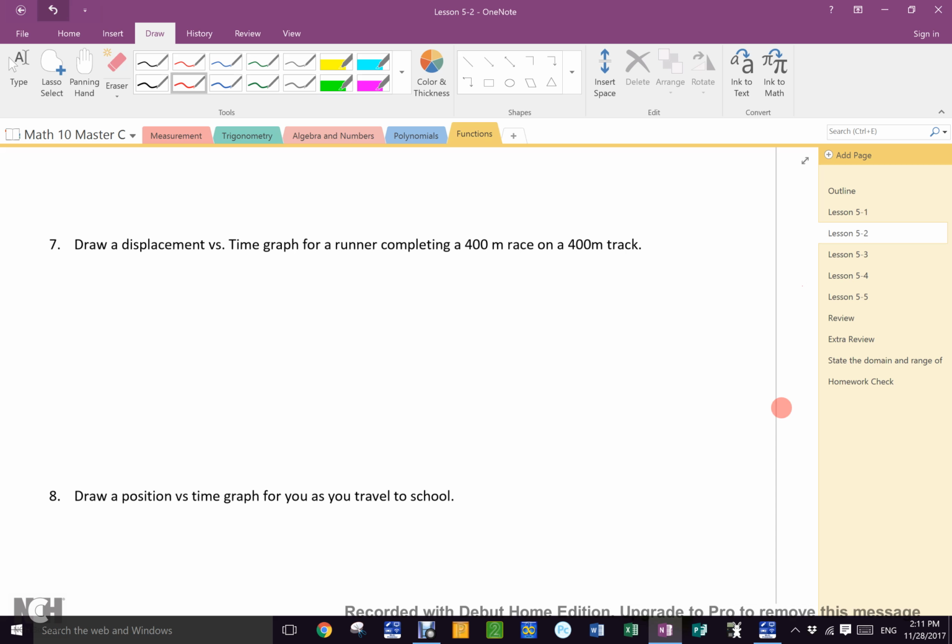Because they have a right or a wrong way to do it. Number 8 is slightly different, isn't it? Because number 8 is you, how you get to school. So my graph will be different from Jake's, whose will be different from Josh's, right? Everybody understand? If you walk, yeah, unless you take the same bus. But even then, unless you were starting from the exact same spot, it would still be different.